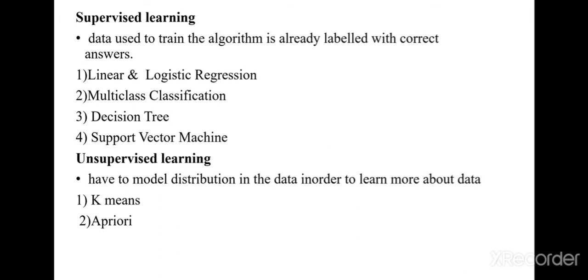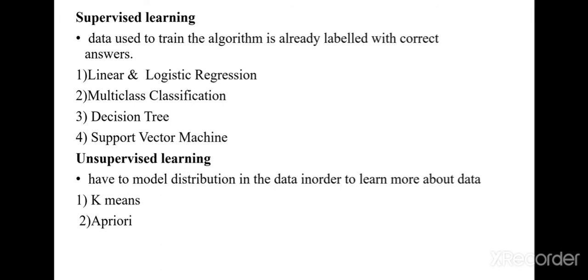In supervised learning, the input and corresponding output are provided. But in unsupervised learning, there is no such criteria. There will be input, but there will not be any output. The algorithms under supervised learning are linear and logistic regression, then multi-class classification, decision trees, support vector machines.